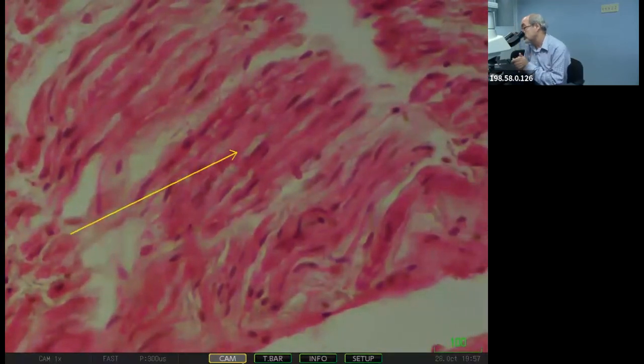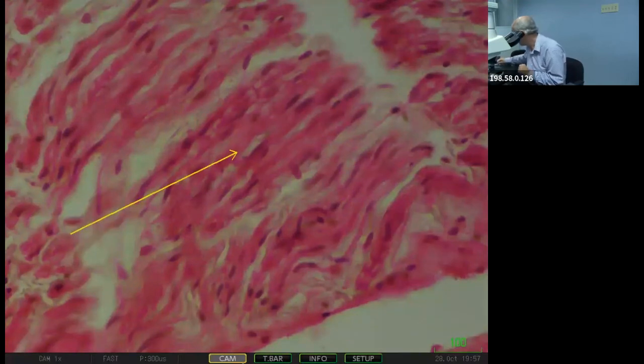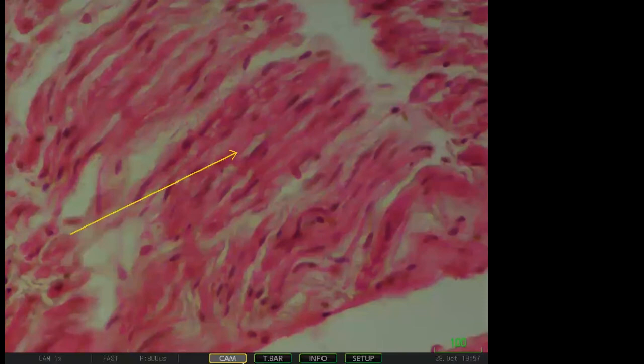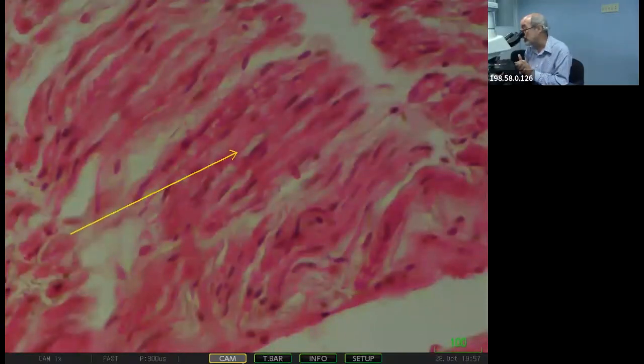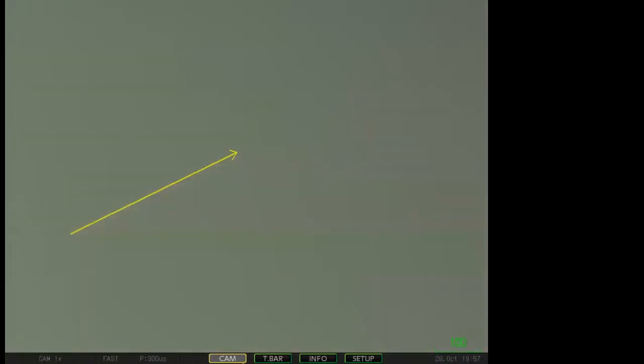What is the cell responsible for the myelination of your peripheral nerve? Schwann cell. Okay. And how many axons can a Schwann cell myelinate? One at a time. Yeah. And how many axons can an oligodendrocyte myelinate?